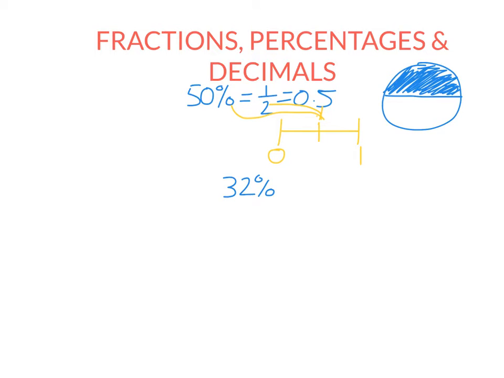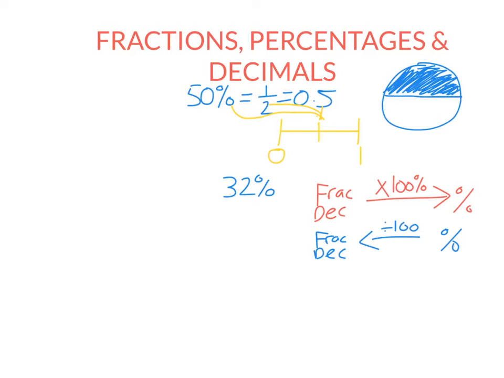So what we're going to look at here is converting fractions and decimals into percentages, or percentages into fractions and decimals. We're not going to look at converting between fractions and decimals, just converting from and to percentages. It turns out that the conversions are very easy.